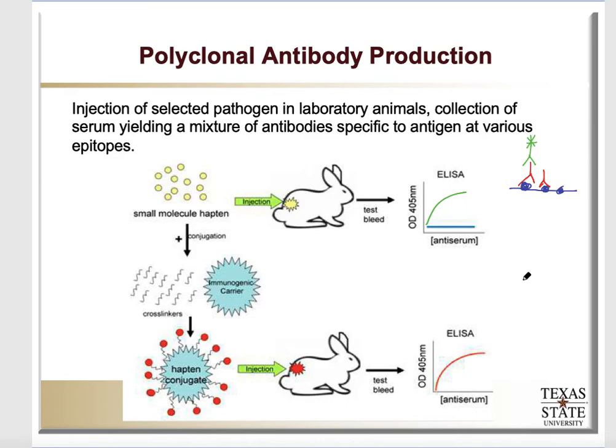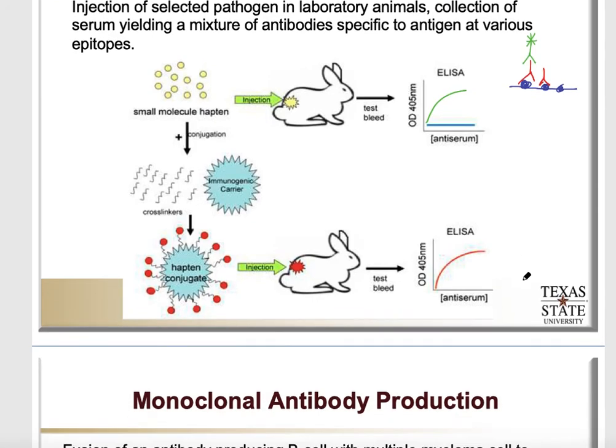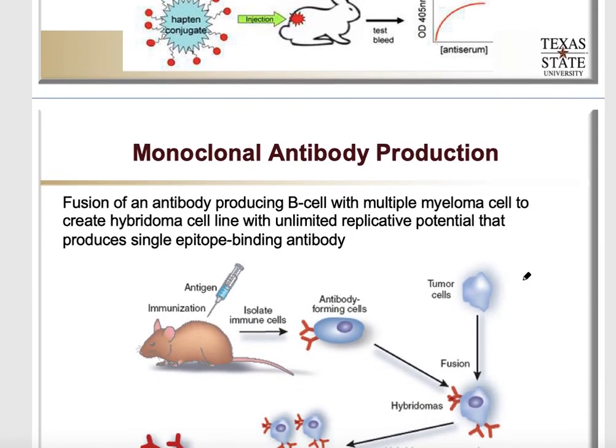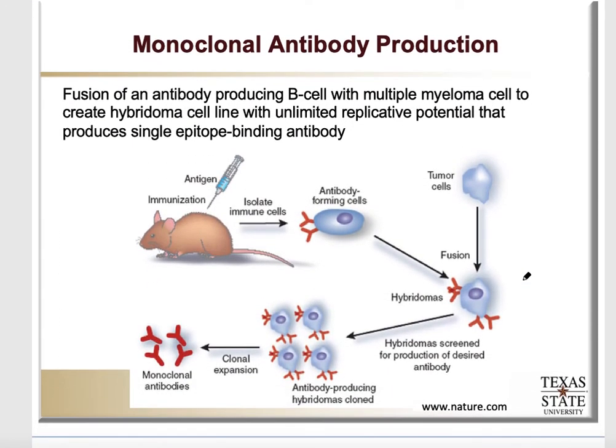Now, if you want a particular antibody that binds to a particular epitope, meaning a monoclonal antibody, then what you would do would actually be to go through this other process, where instead of collecting the antibodies from the blood of the animal, what you would do would be to still utilize an animal to inject them with the pathogen of interest or the target molecule of interest.